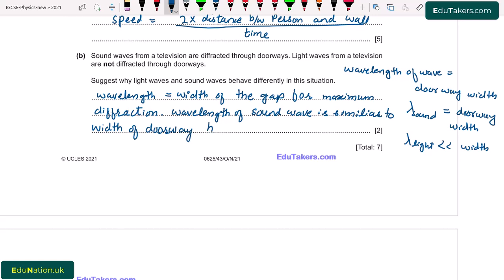But for light waves, the wavelength is smaller as compared to the width of the doorway. That's why the sound waves are diffracted while the light waves do not diffract.